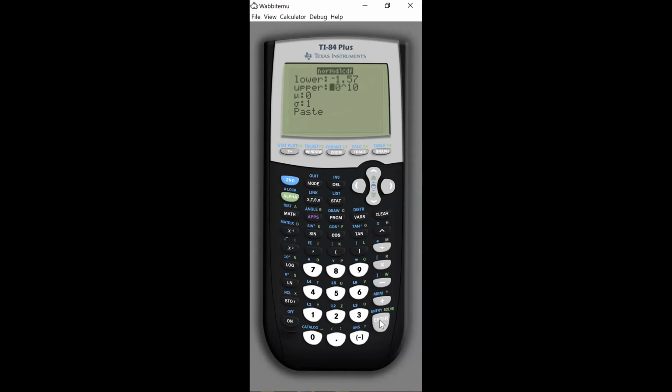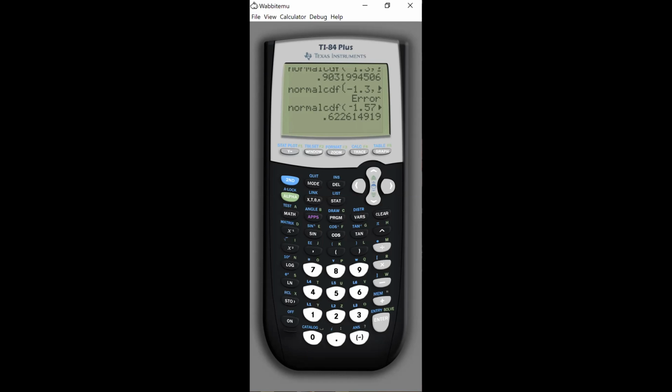For my upper, we change it to 0.47. My mu and sigma remain the same. I go ahead and enter it. And the answer for that question should be 0.6226. And that's the end of that first problem.